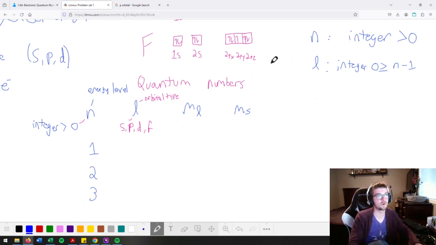So if the energy level is 1, which is the lowest one that's possible, then l can be up to n minus 1, which is 1 minus 1, which is 0.